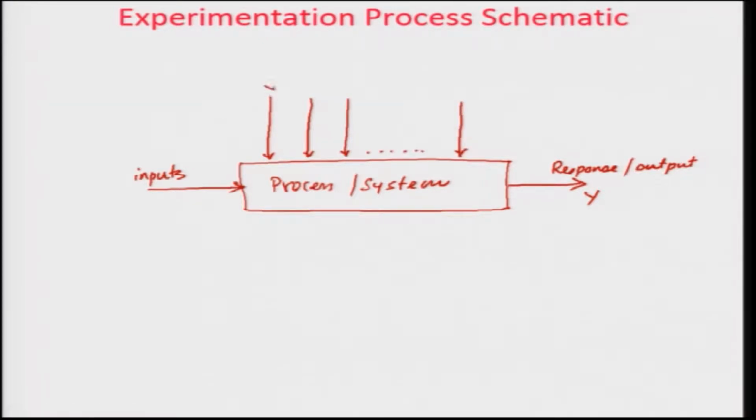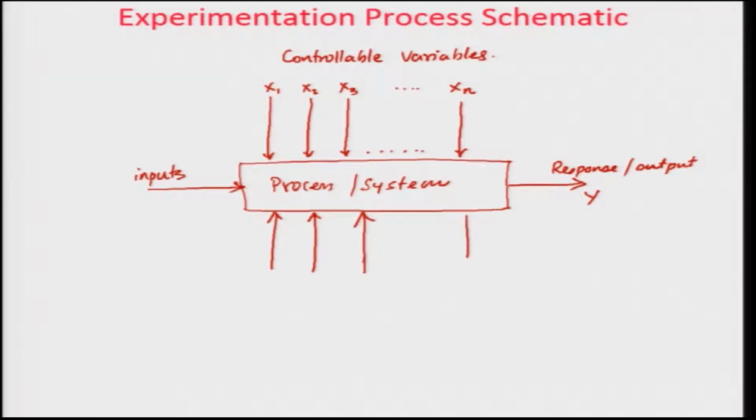So, you have x1, x2, x3, etc., up to xn. These are your controllable variables. So, the values of them can be controlled. And then there are variables from the other side which you have no control over. This is z1, z2, z3, etc., up to zm. Let us call it m in this regard.